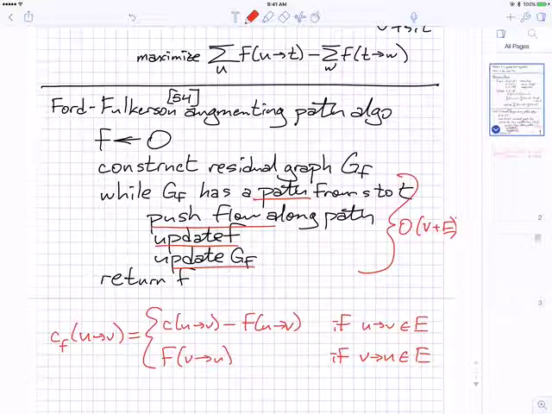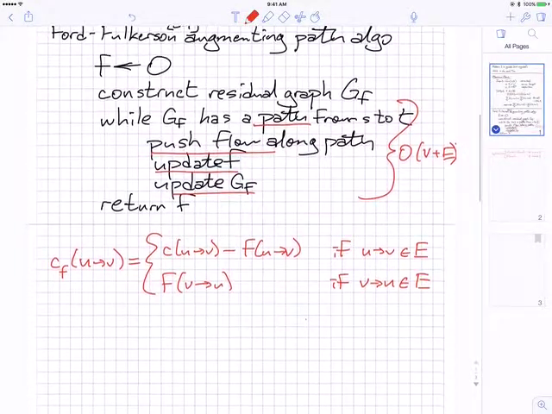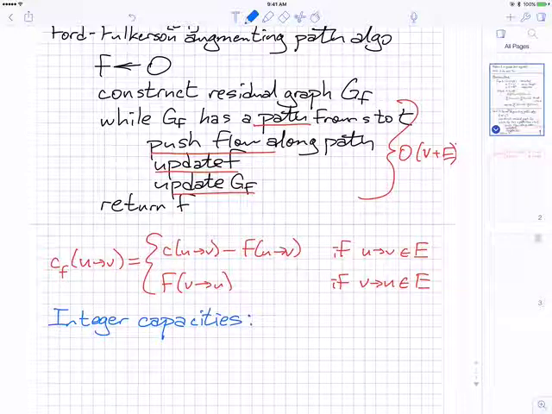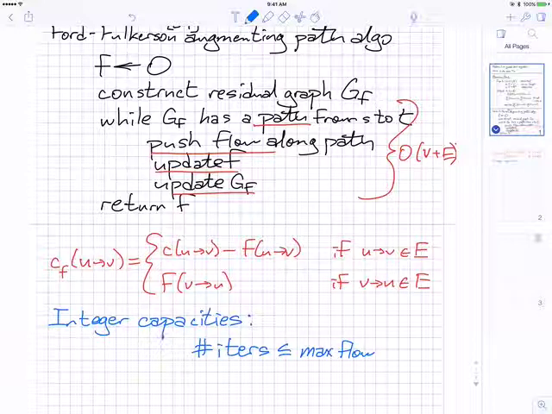And then where we left off Thursday was, if I have integer capacities, then you can prove that every time you push flow through the graph, you're pushing at least 1 unit of flow, which means that the number of iterations is at most the actual maximum flow value.